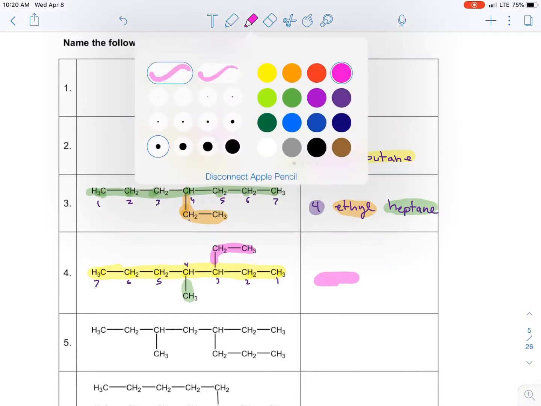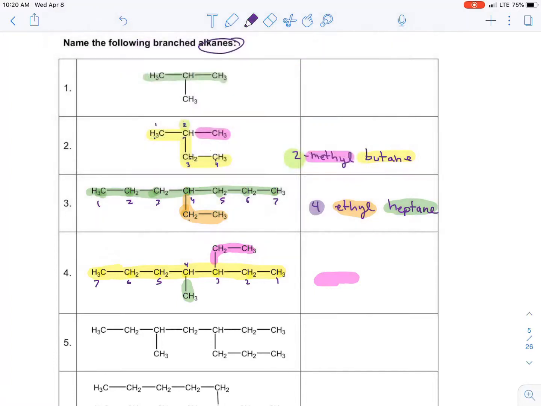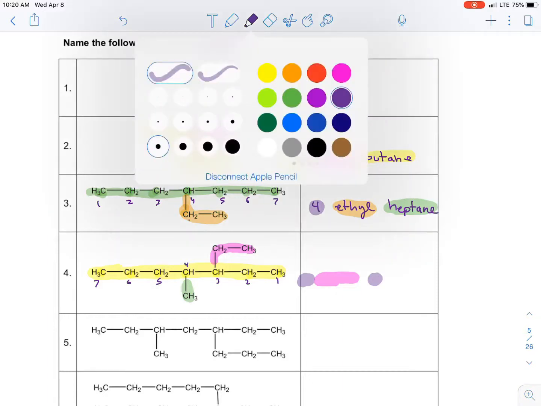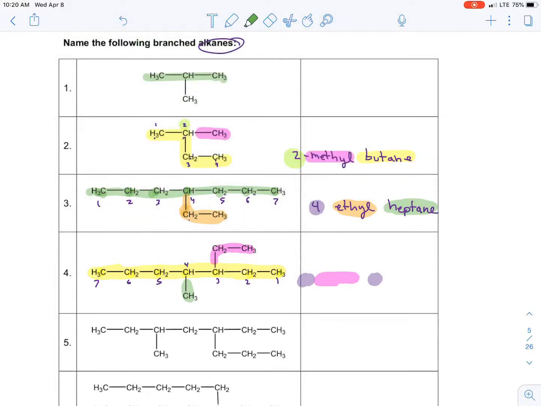So I'm going to use the number. In this case, my number is going to be purple. So you need a number. Where is it at? And then the name of that 2 carbon compound. A number, and then the name of that 1 carbon compound or branch, and then the main chain.